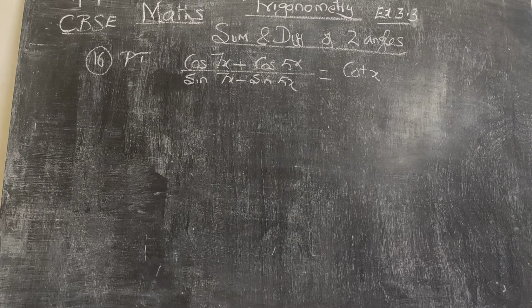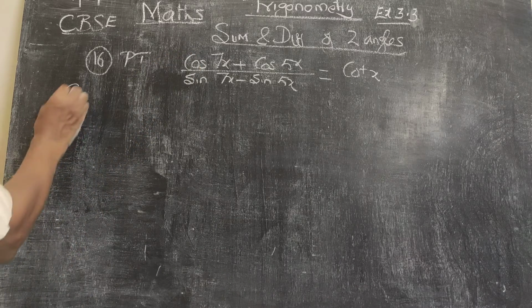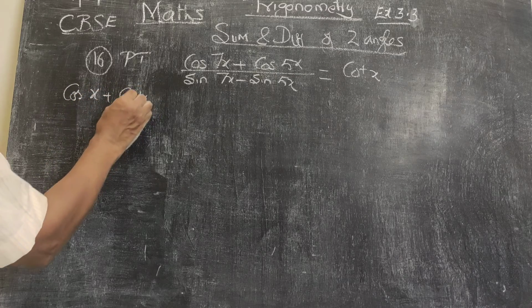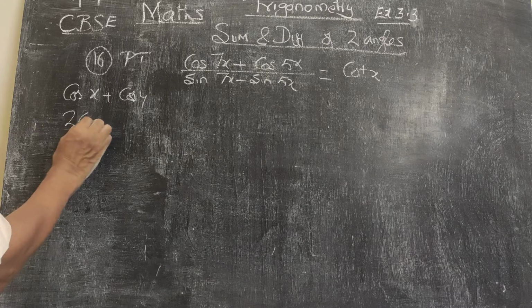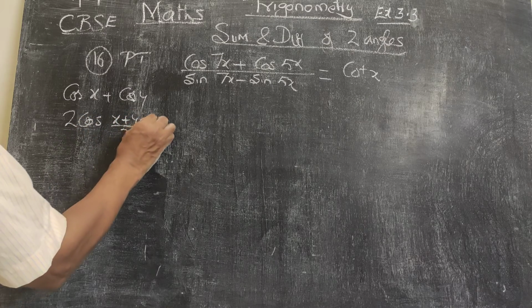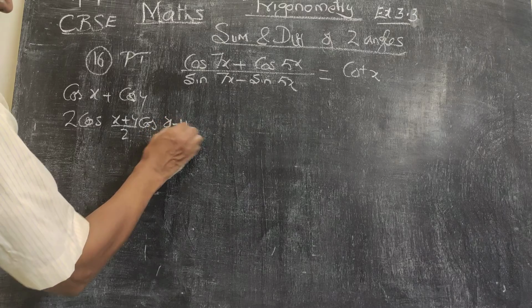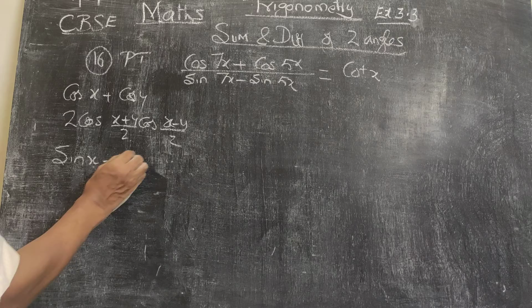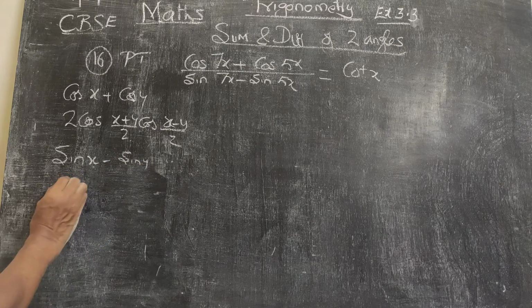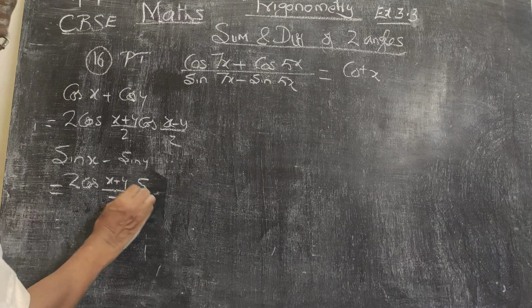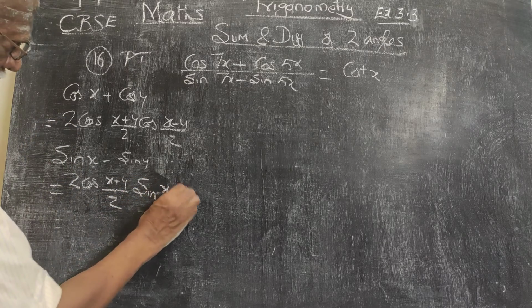For doing this problem, we need the cos x plus cos y, that is 2 cos of x plus y by 2 and cos of x minus y by 2, and sin x minus sin y is 2 cos of x plus y by 2 sin x minus y by 2.